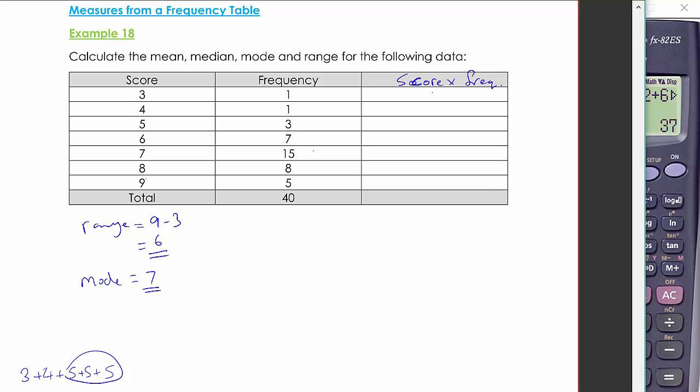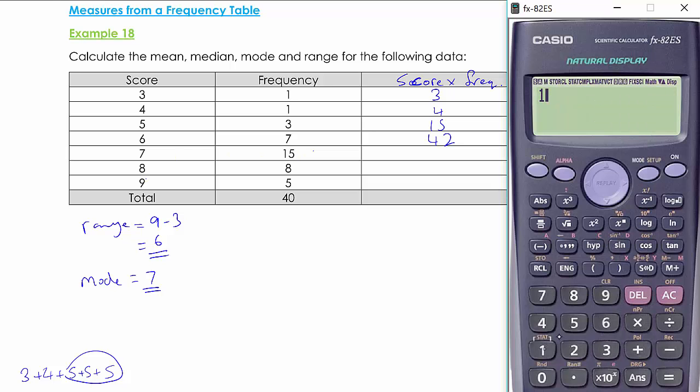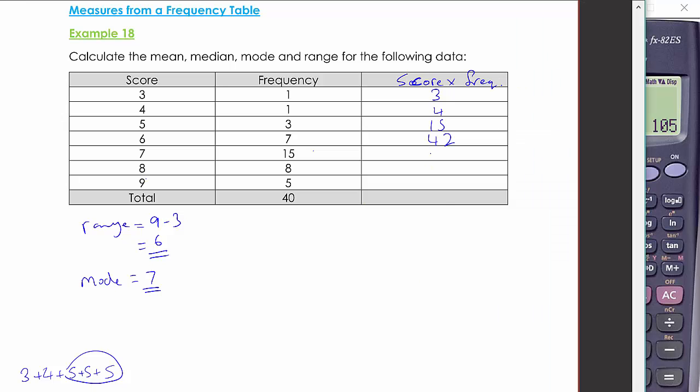So we'll go 1 times 3, 1 times 4, 3 5s, so that's 15, 7 6s are 42, 15 7s is 105, 8 8s are 64, and 5 9s are 45.